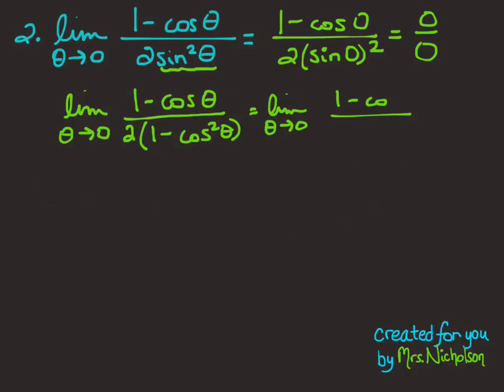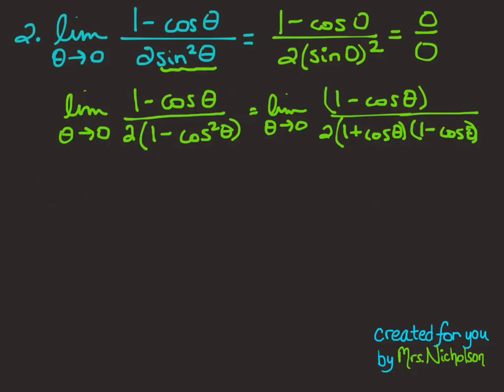I still can't do anything in the numerator, but here in the denominator, I have 1 minus cosine squared, which can factor to 1 plus cosine, 1 minus cosine. That's a difference of 2 squares, 1 minus cosine squared. And so we can factor it like this.